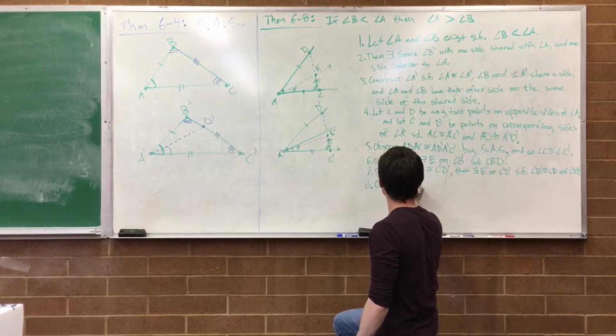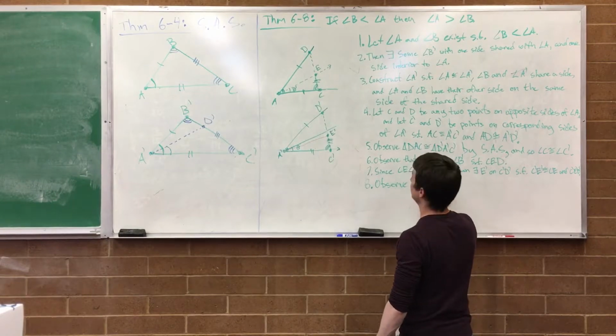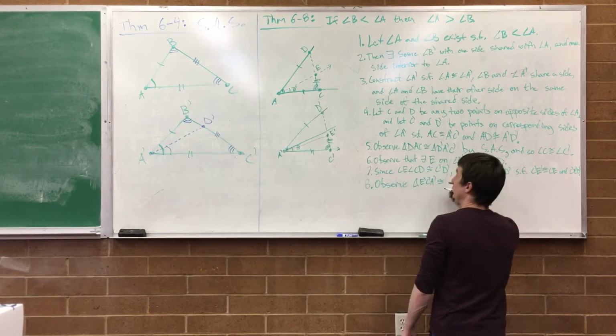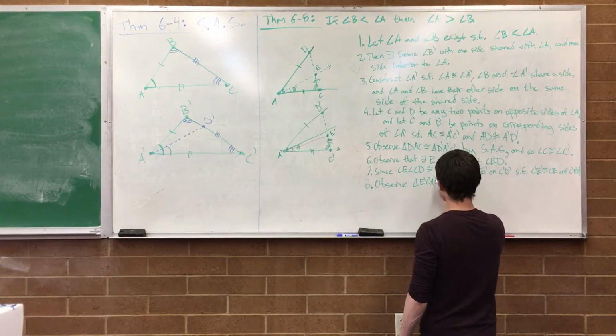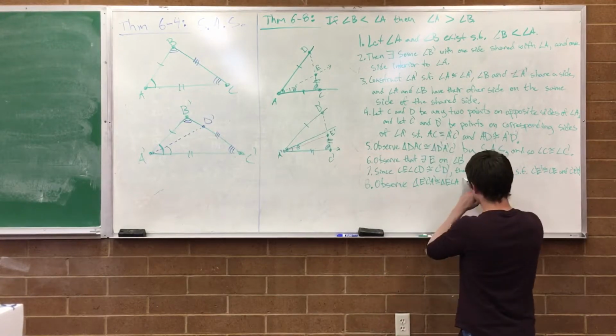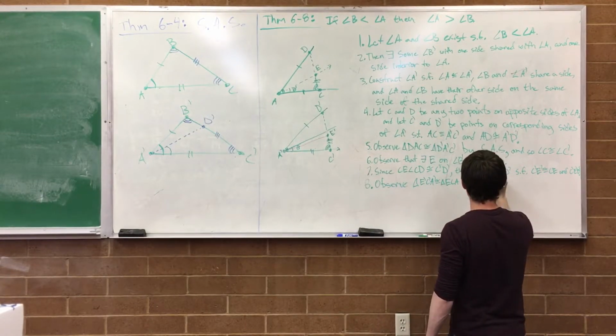Observe triangle E prime C prime A prime is congruent to triangle ECA by side, angle, side.